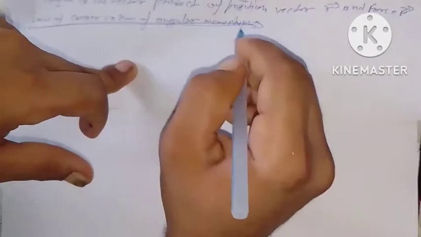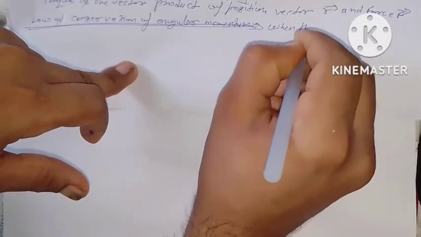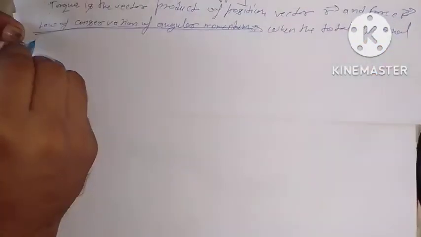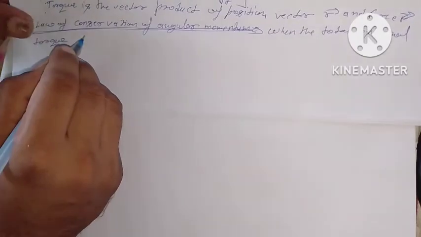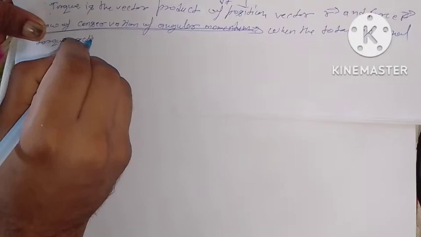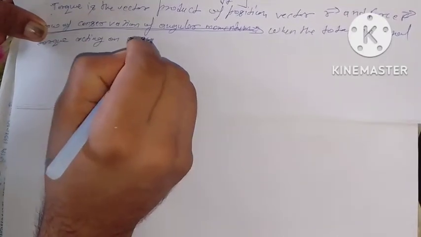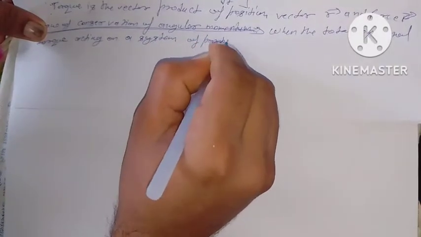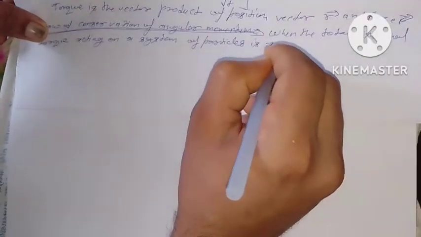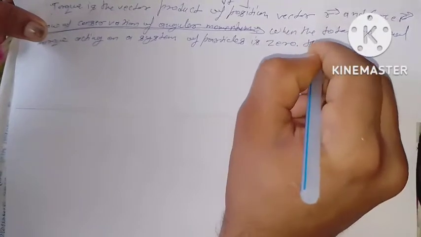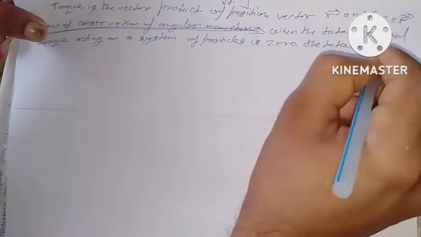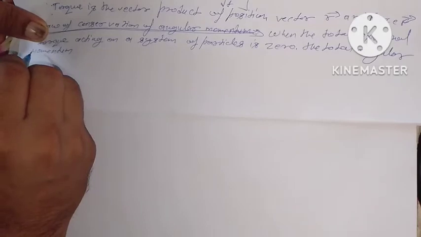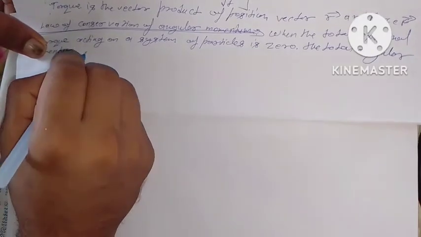It states that when the total external torque acting on a system of particles is zero, the total angular momentum of the system remains constant.